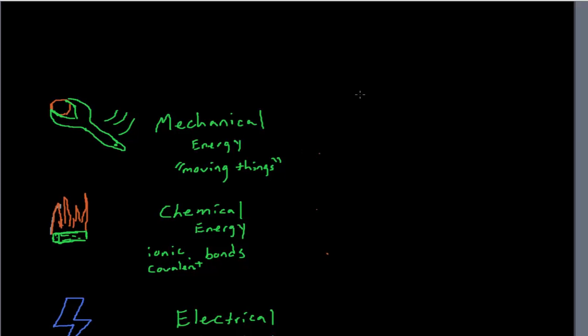The next type of energy is thermal energy. Thermal energy is better known as heat, and it comes from the movement of molecules. We talked about the kinetic theory of matter, how matter is made up of molecules that are constantly in motion.